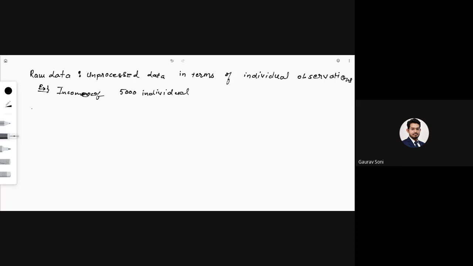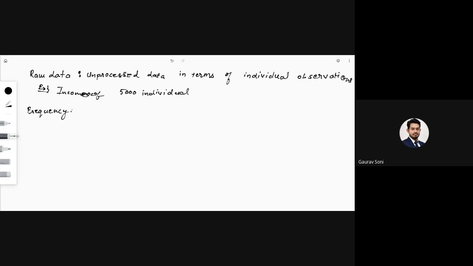So what is frequency? After that we saw what is frequency. We counted each of the observations falling into a certain interval, and then we say that this is the frequency.